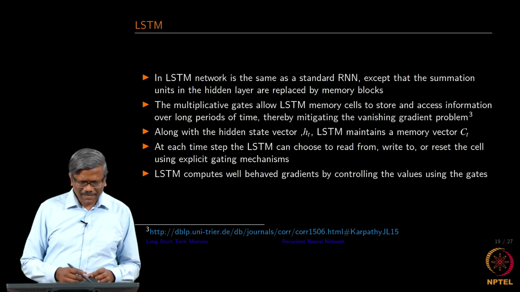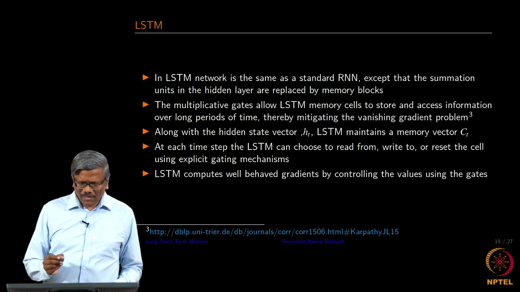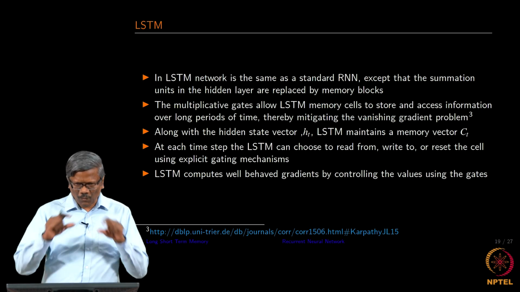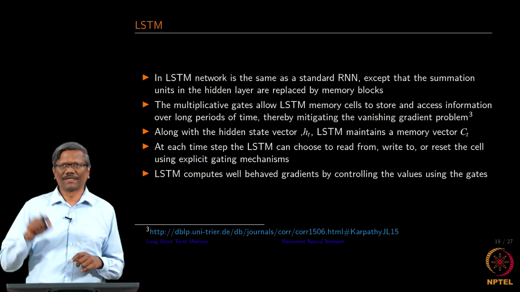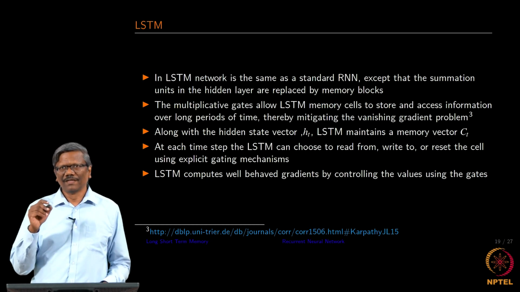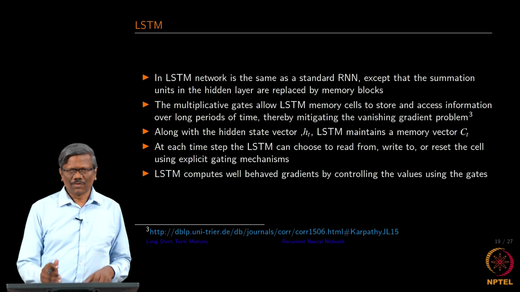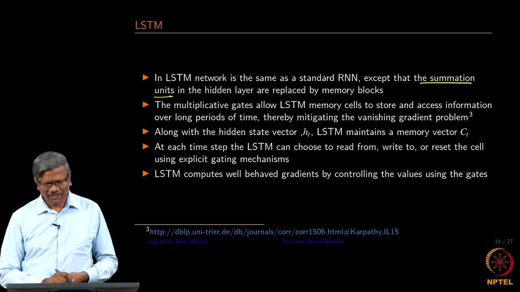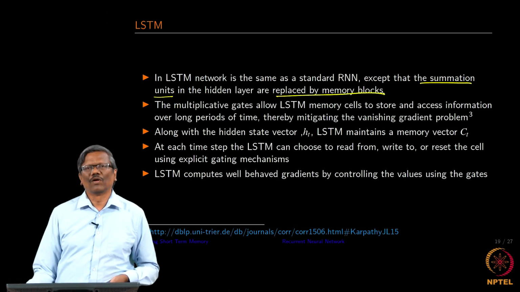In this case, what LSTM has is, instead of the one small computation that we make in that ST, remember that ST, which is a hyperbolic tangent of HT, we are going to make some changes to that computation. We are going to replace that summation unit with memory blocks.